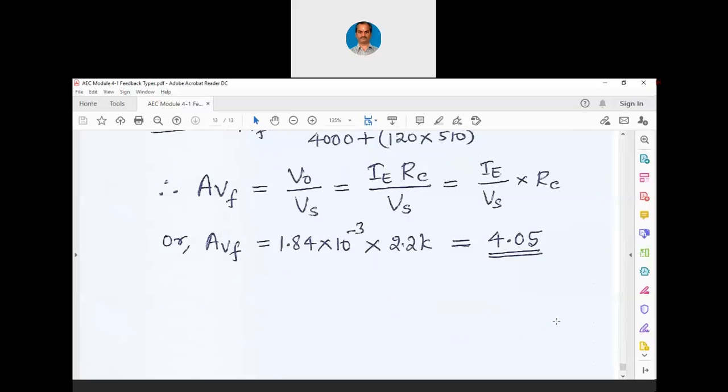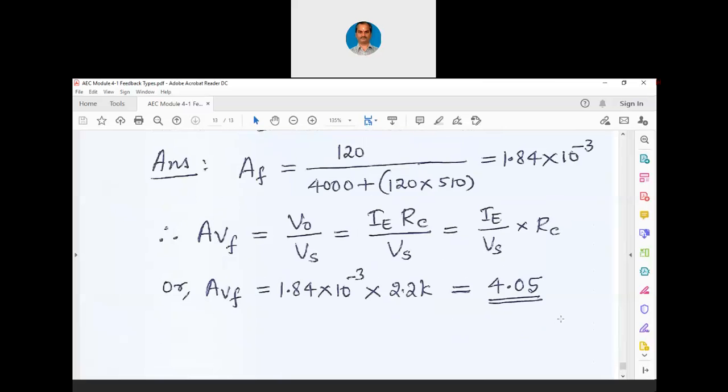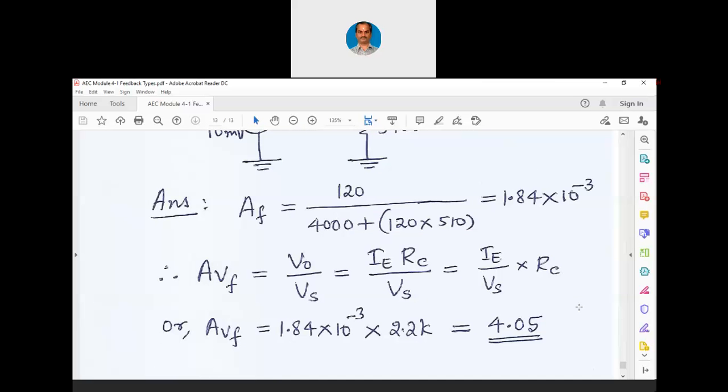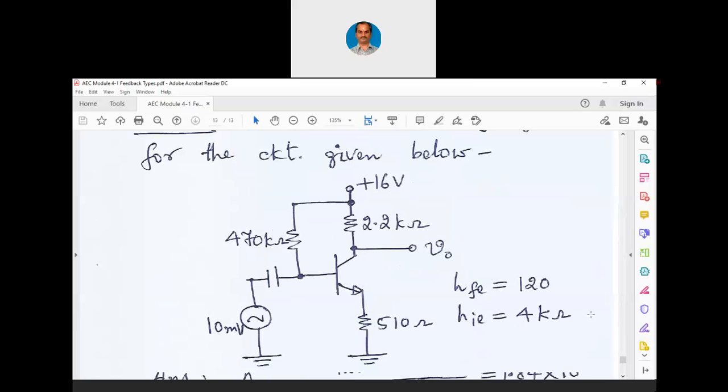That means we are getting around 4.05. You can see the transconductance gain is given by 1.84 into 10 power minus 3, whereas the voltage gain with feedback is only 4 now, 4.05. So this is the outcome of the current series feedback.